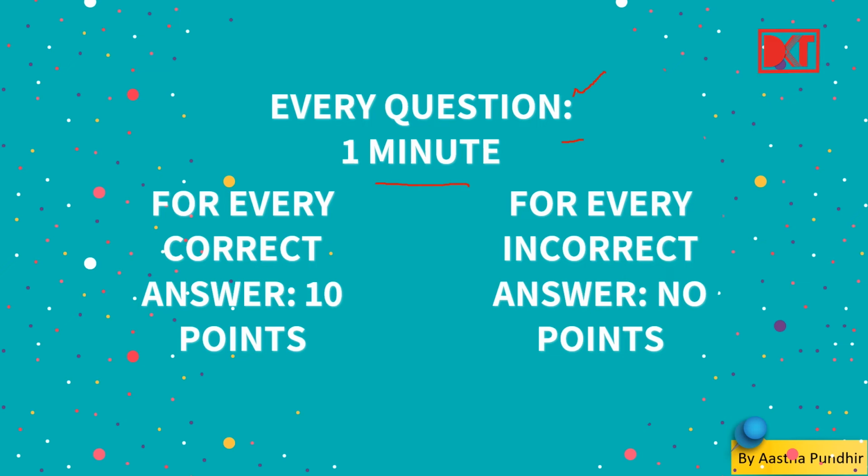Alright, it is very important to answer each and every question because there is no negative marking. Here you see, for every incorrect answer, no points, because there is no negative marking in IEO. So it is important that you attempt all the questions.